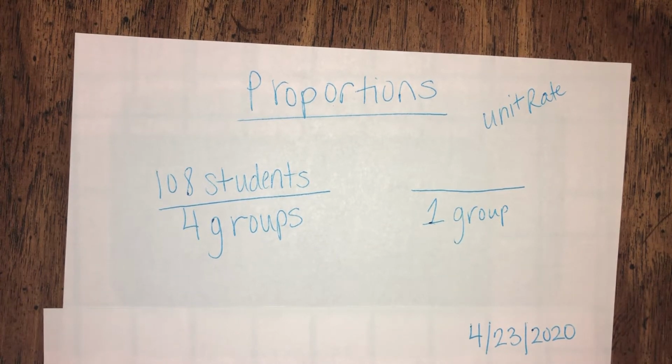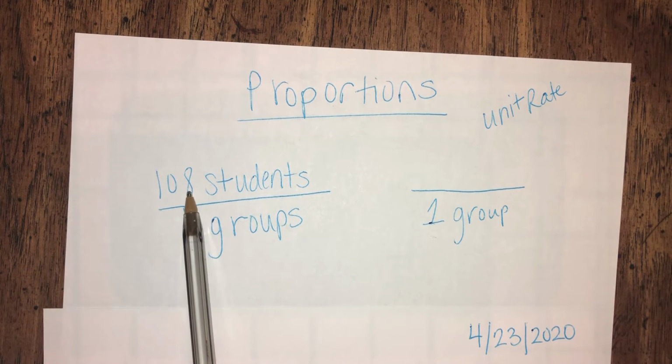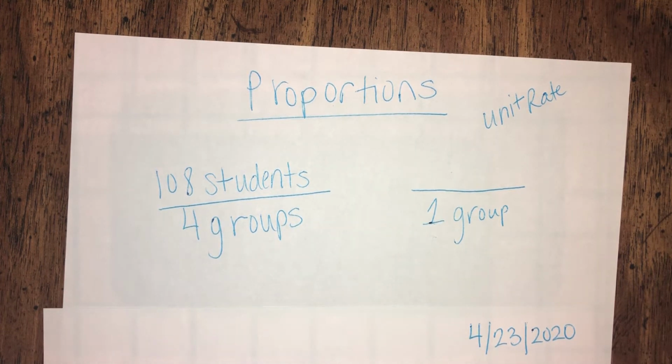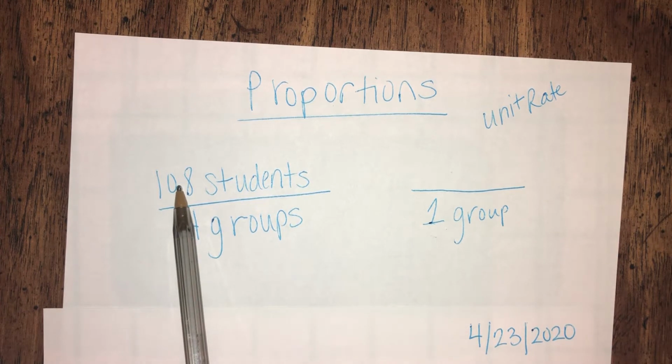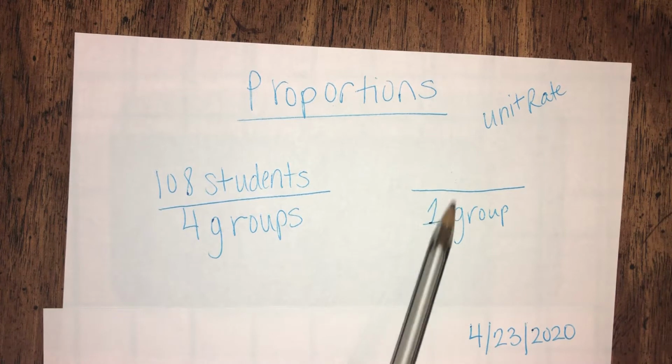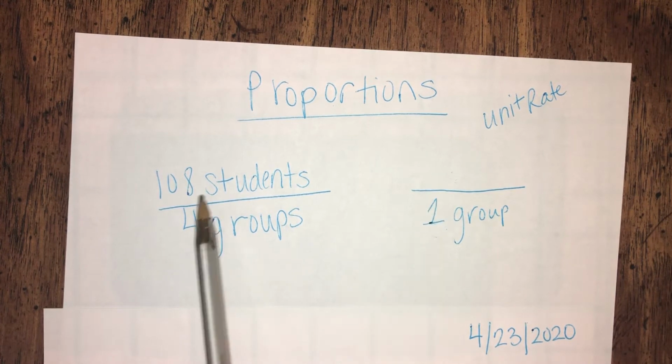So this raises the question, if I take the bottom number and I've made it smaller, that top number has to become smaller as well. But we have to be very specific in how we change it. It's got to stay equal. So if I changed 4 to 1, we have to think about how do I get 108 to change into an equal piece that still makes this fraction the same as that.